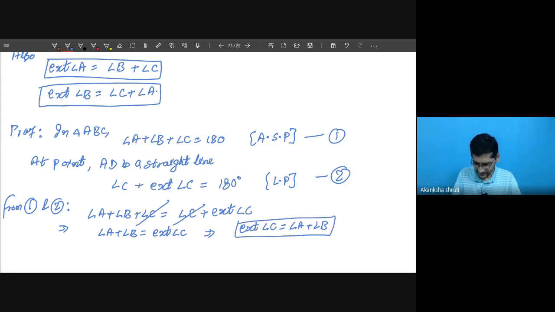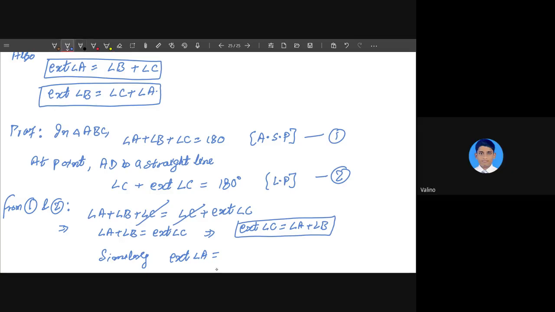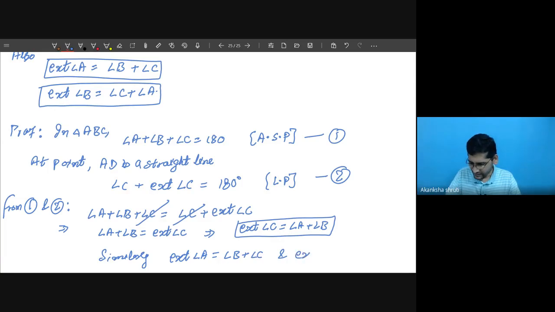Here this was C. So similarly, we can write for exterior angle A. What will this be? You have to leave this A and write the other angles. Yes, students, what is that? Angle B plus angle C. Very good. And what is the third pair?